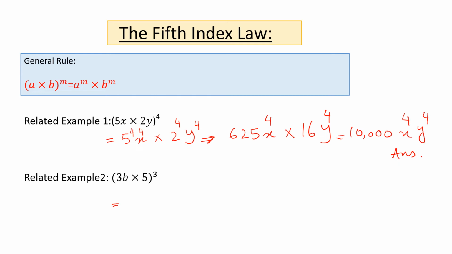Next we have (3b times 5) raised to the power 3. When I remove the bracket, I will write each term raised to the power 3. So 3 raised to the power 3, b raised to the power 3 and 5 raised to the power 3.